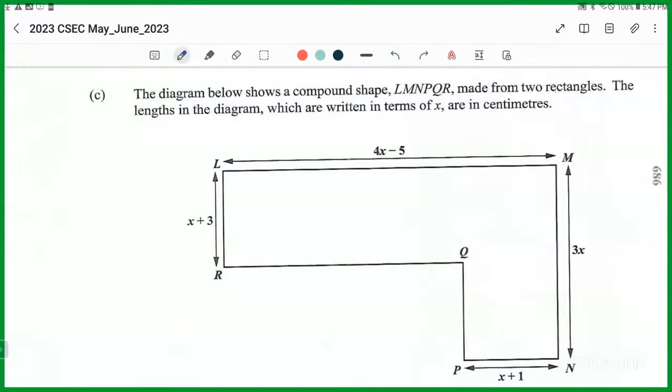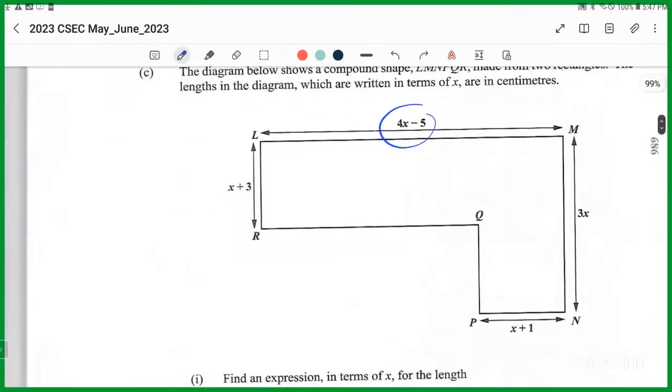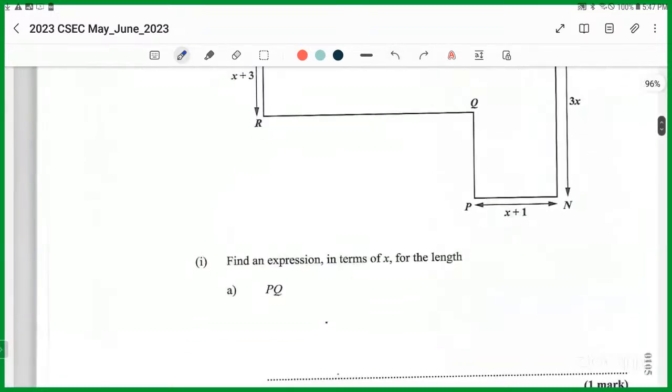The lengths in the diagram, which are written in terms of x, are in centimeters. The question says, find an expression in terms of x for the length of PQ.